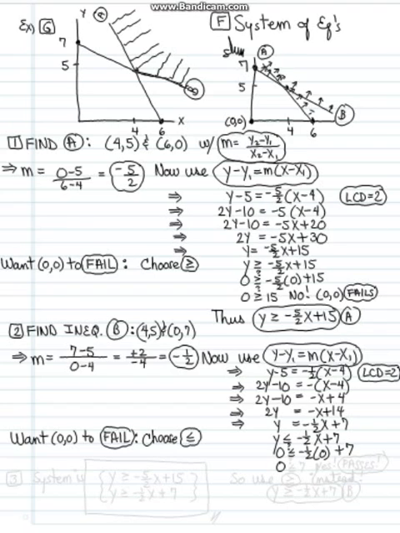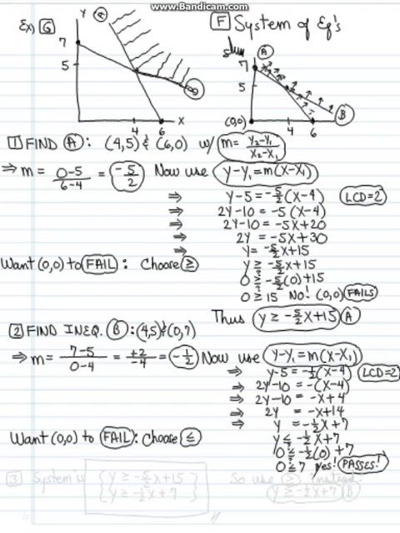In other words, is 0 less than or equal to 7? Yes, 0 is less than or equal to 7. So it passes instead of fails, which is not a good thing. We do not want it to pass.